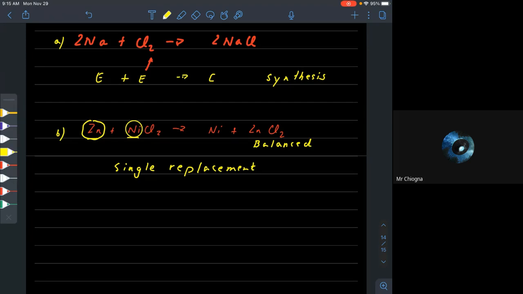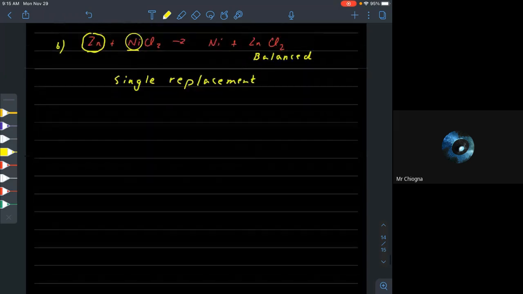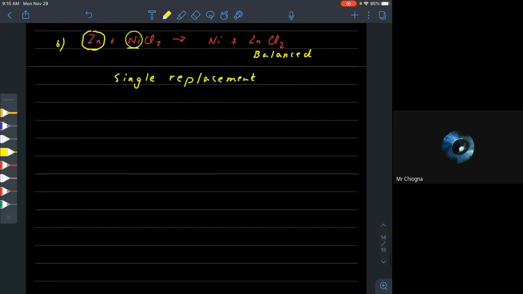Next one, calcium hydroxide plus hydrochloric acid. So this is an acid-base reaction. How do I know?